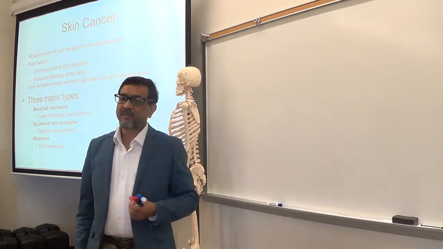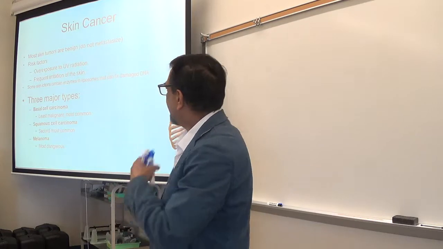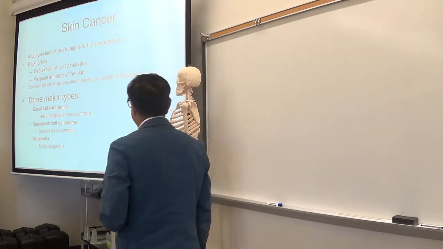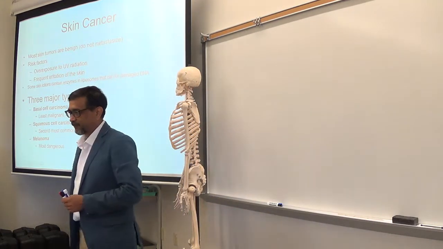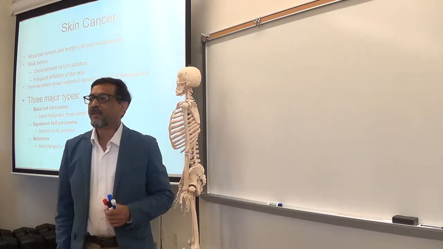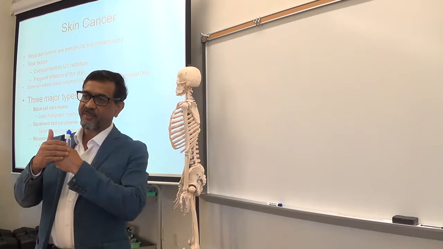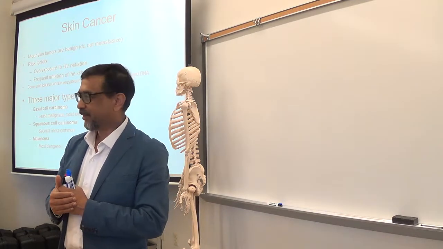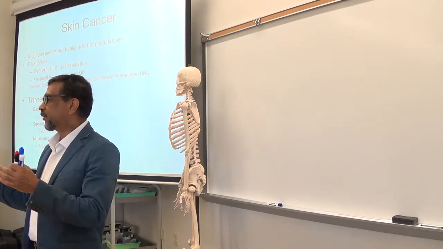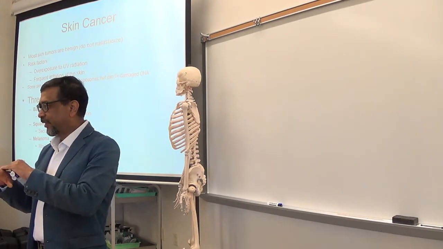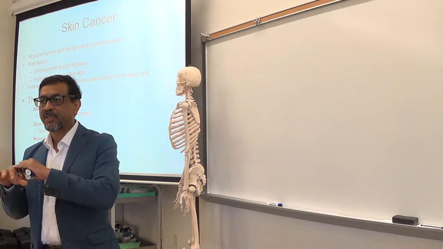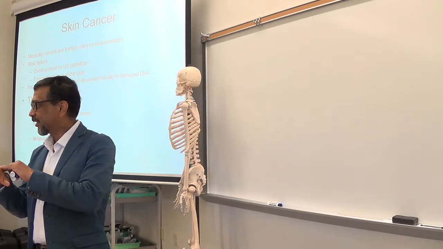Another risk factor is frequent irritation of the skin. What can cause excessive irritation? You know, if you touch a chemical, that can change the structure of the cell, right?